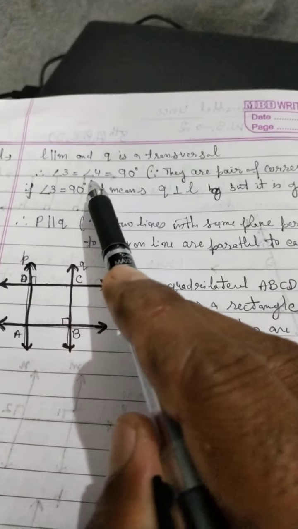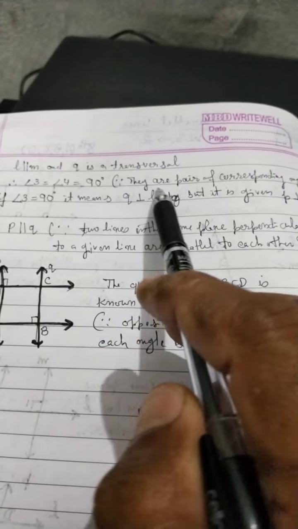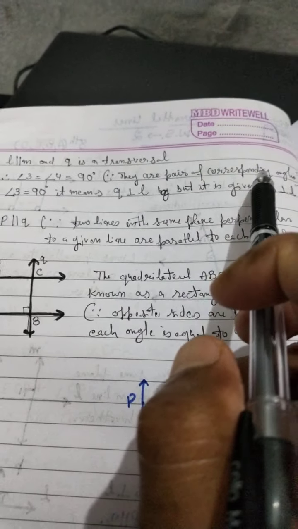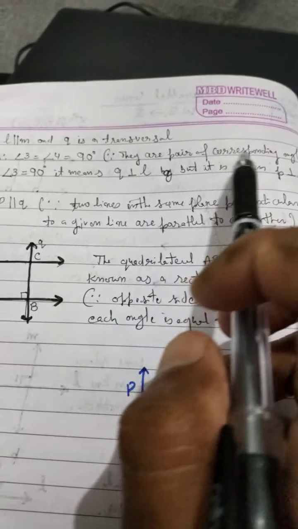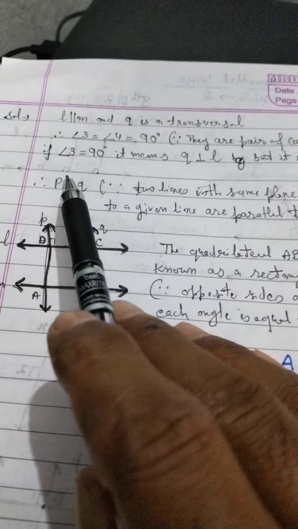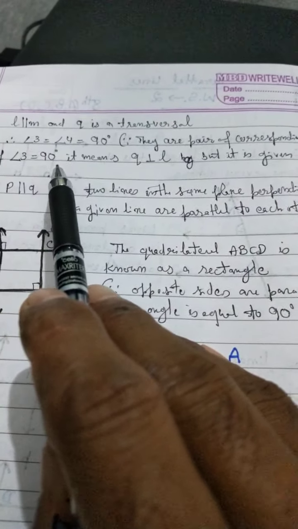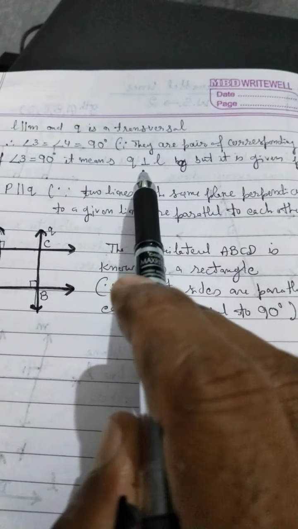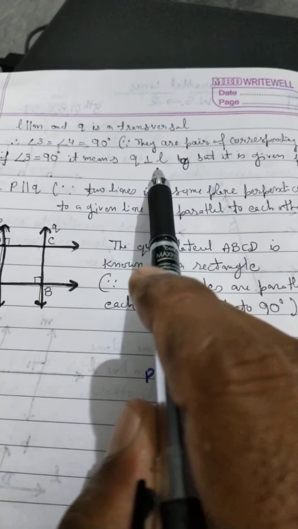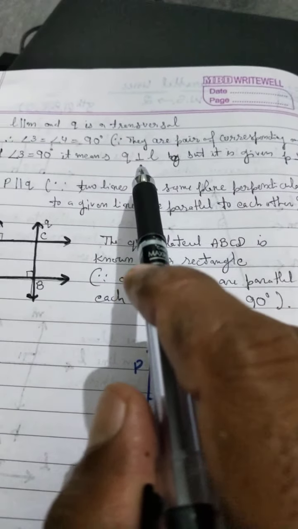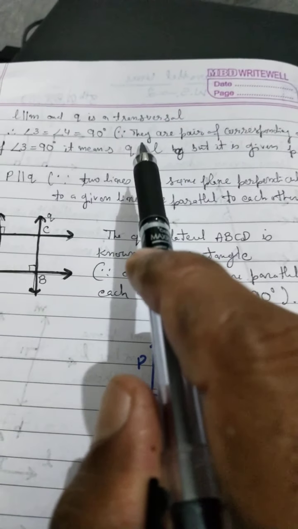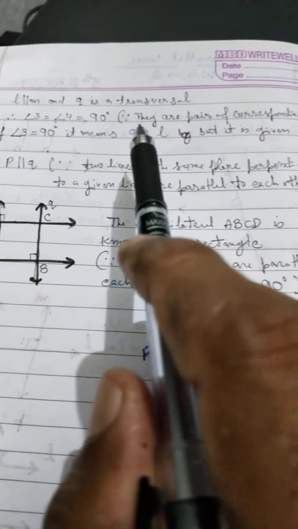Therefore angle 3 is equal to angle 4 is equal to 90 because they are pairs of corresponding angles. If angle 3 is equal to 90, it means that Q is perpendicular to L. It is given that Q is perpendicular to M, and first we have to find that Q is also perpendicular to L.